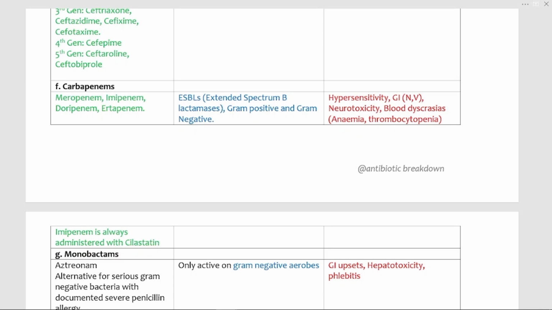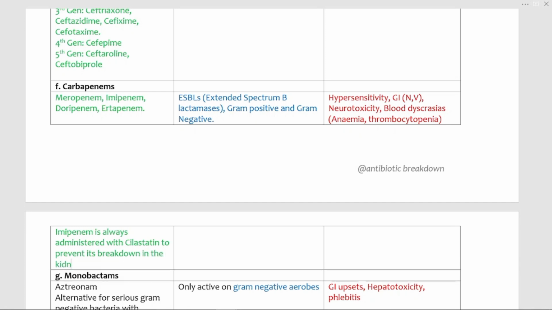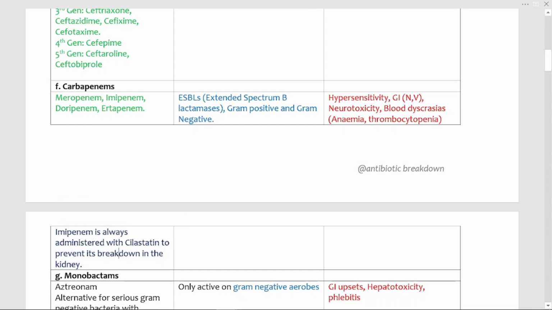This is to prevent its breakdown in the kidneys, to prevent its renal degradation. So we always give imipenem with cilastatin just to make it more efficient and to prevent its breakdown by the kidneys. So that's a very important point to note.